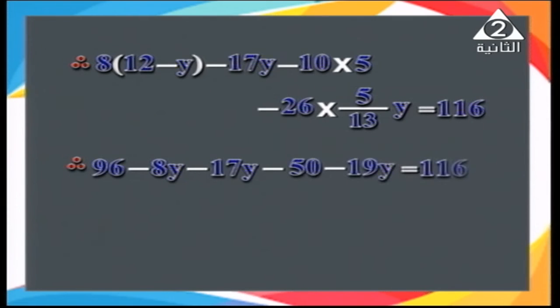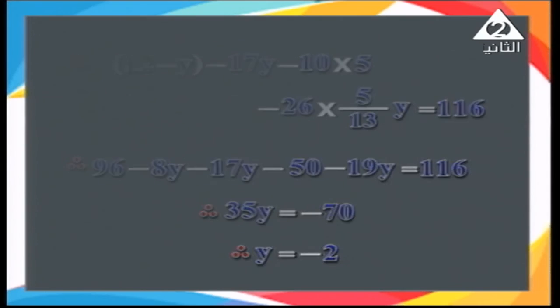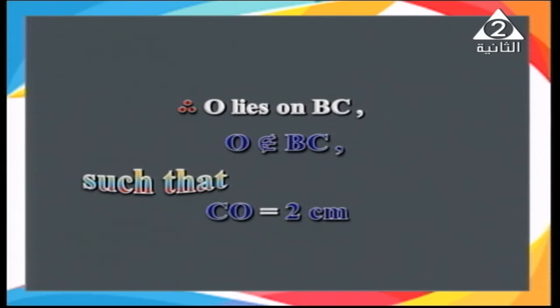Then by solving this equation, we find y equals negative 2. What does this mean? O lies on the ray BC, not on the line segment BC, such that CO equals 2 centimeter.